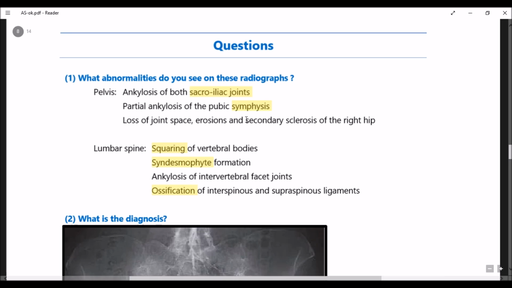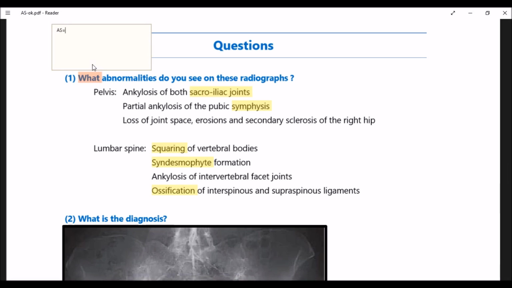The most important part is the summary that I have put, the SS box, so you should make notes of the SS box. Ankylosing spondylitis: the word spondylitis means the SI joints. Then you see the symphysis, then squaring of the vertebra, then syndesmophytes, and then ankylosis of the intervertebral facet joints and ossification.